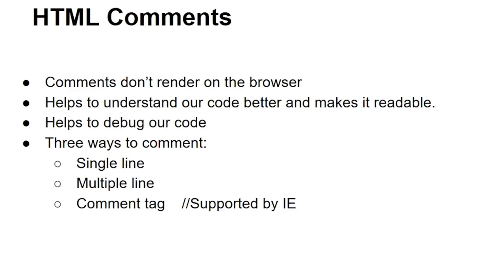So you write the comment sign, which I will show you once we are done with this, when we cover all the demonstration part of it. So there is a single line comment and a multiple line comment, and it is supported by Internet Explorer. The browser that I am going to use is Google Chrome, so this comment tag won't work. But if you want to give it a try, you can keep your default browser as Internet Explorer.